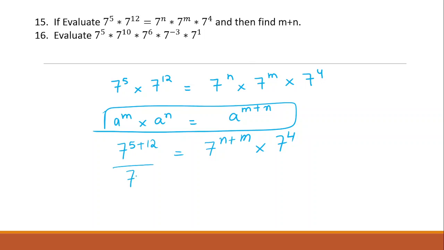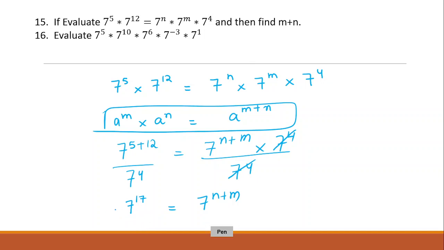Divide both sides by 7 to the power 4. So this 7 to the power 4 will be cancelled by this 7 to the power 4, and here you will get 7 to the power 17 divided by 7 to the power 4 equals 7 to the power m plus n.